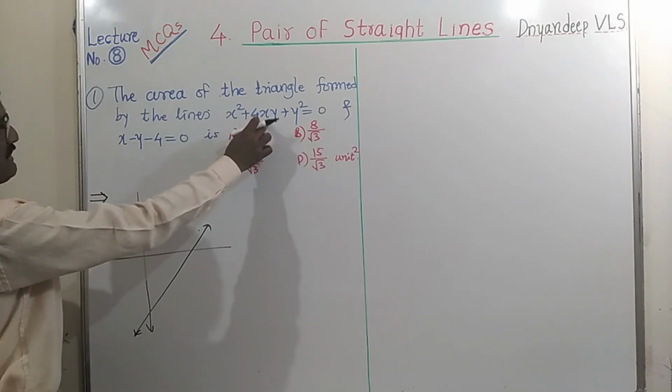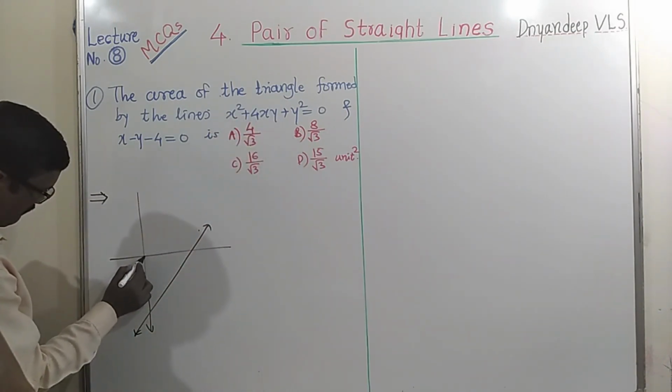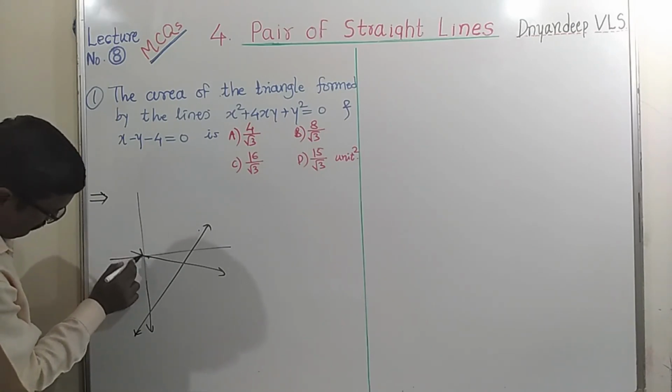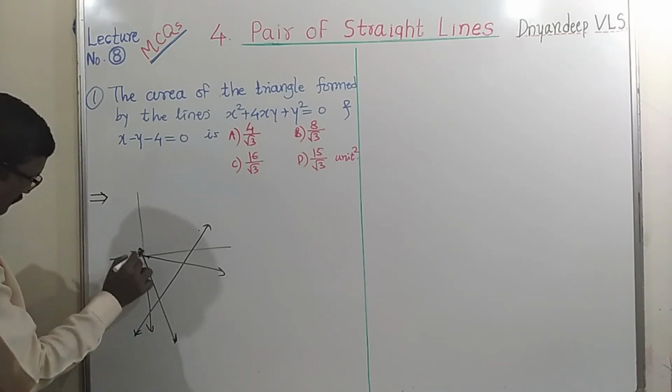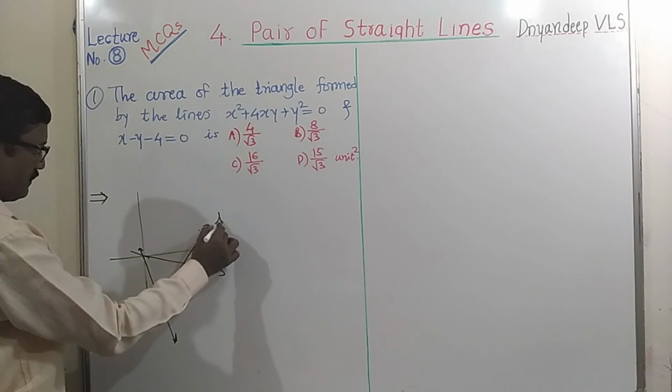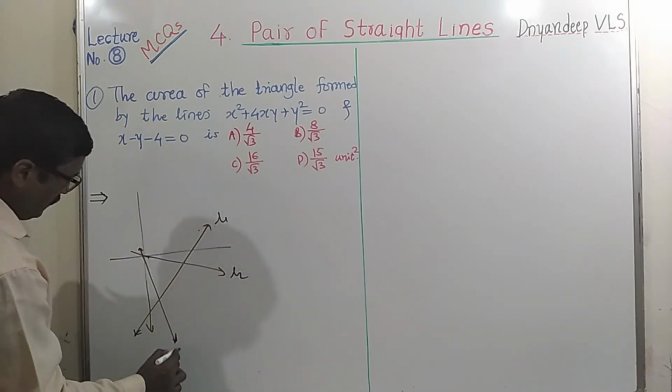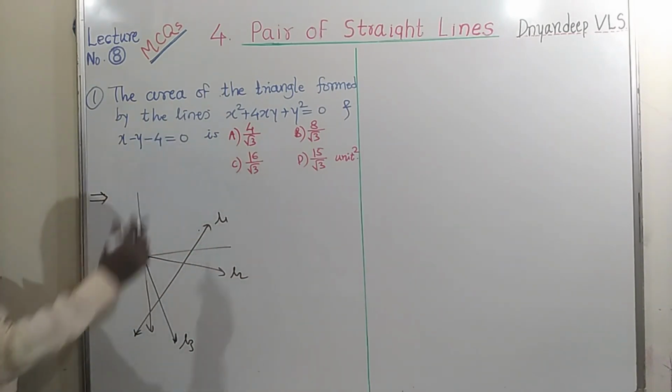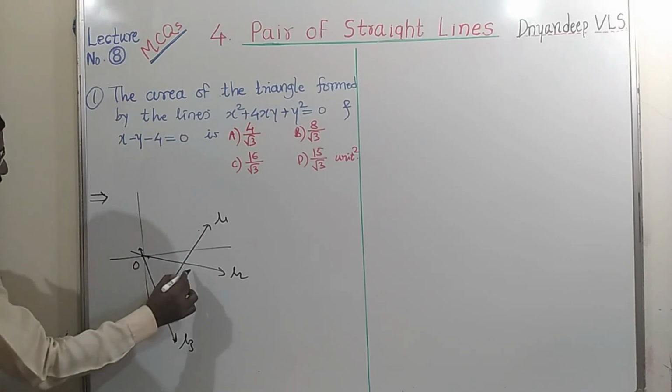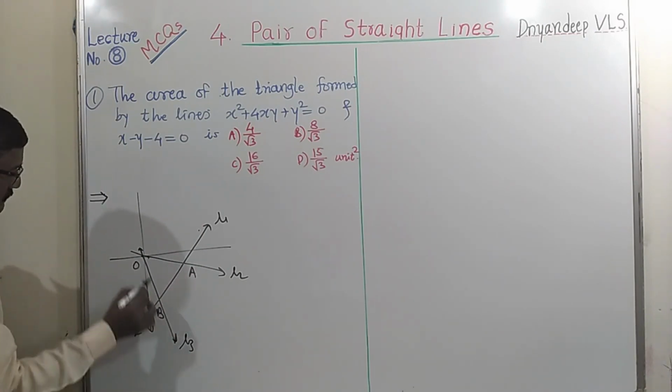And obviously these two lines are passing through the origin. So these are the three lines L1, L2 and L3 which are given here, and they form an equilateral triangle here.